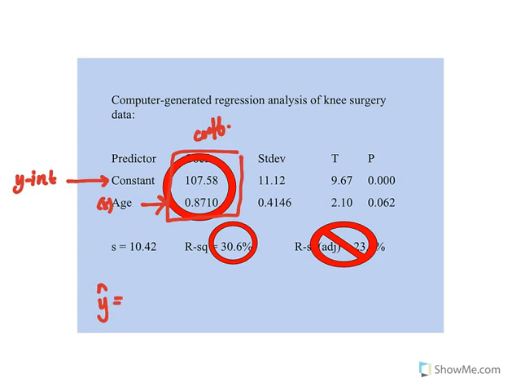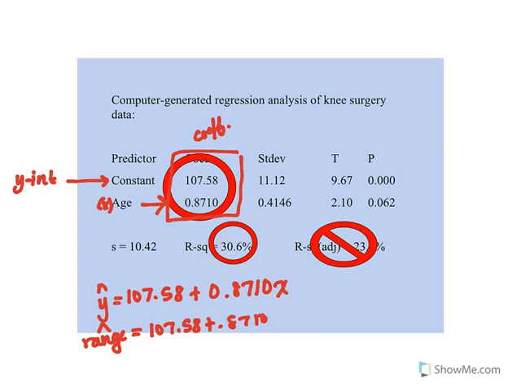So our prediction equation is going to be 107.58, our constant, plus 0.8710 times x. Or this is going to be our range of motion hat equals 107.58 plus 0.8710 times age.